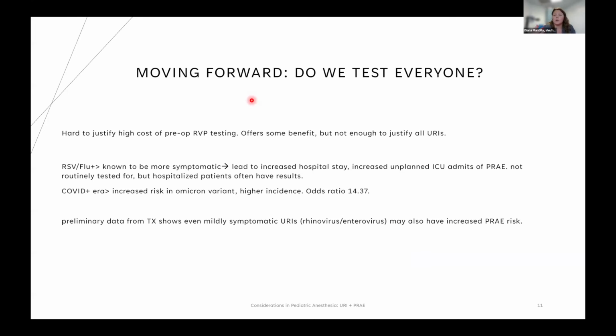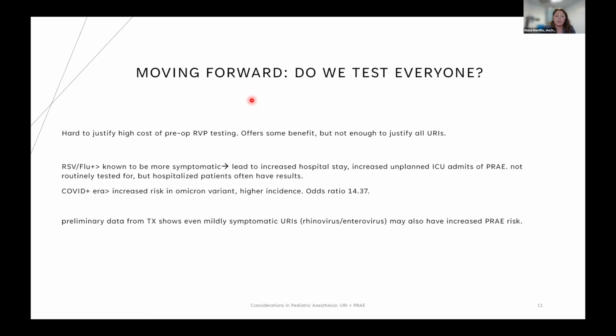So moving forward, how can we use this COVID respiratory viral testing? Can we use it on everyone? Is it cost effective? What are the benefits? To be honest, there's not really much benefit for preoperative RVP testing, predominantly because it's high cost and a lot of the history taking and the clinical physical exam offers more benefit than just the testing and risk stratification.